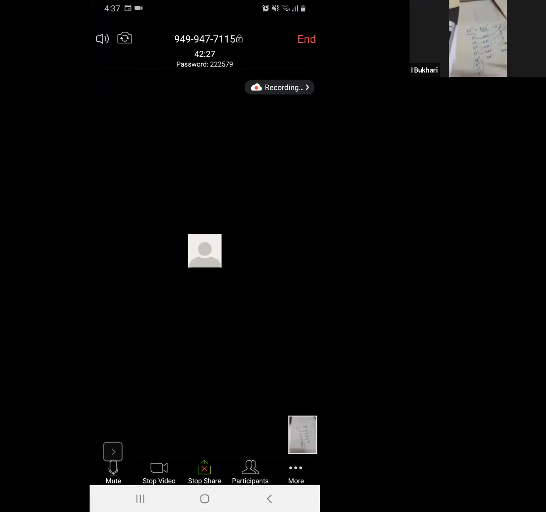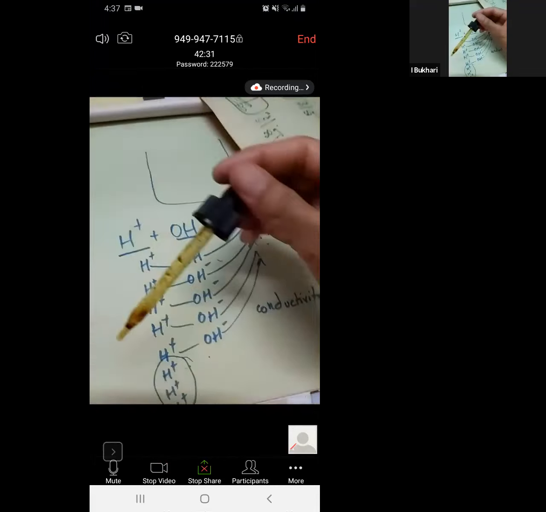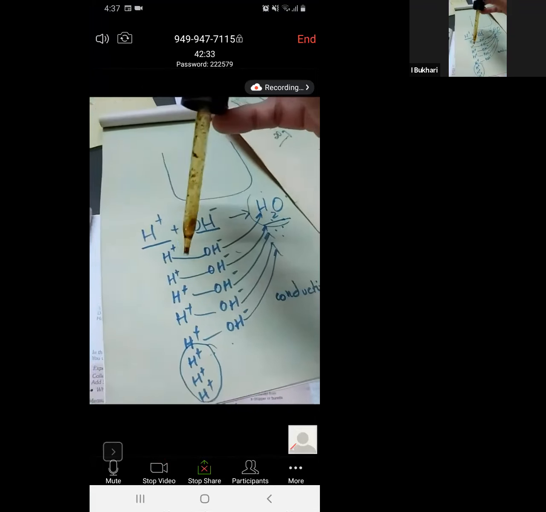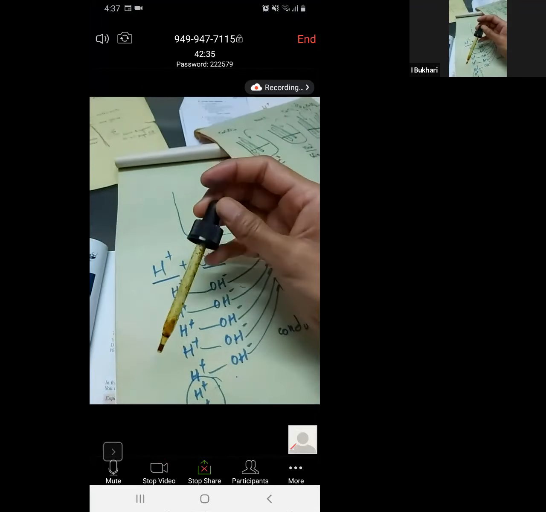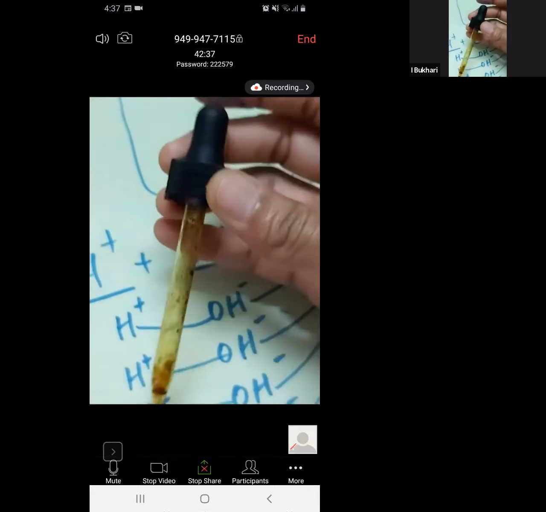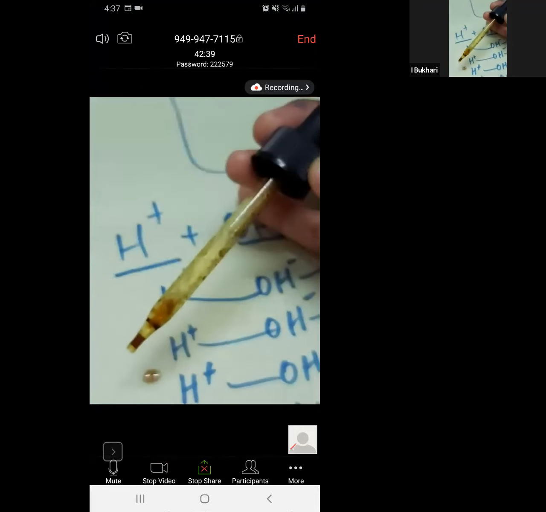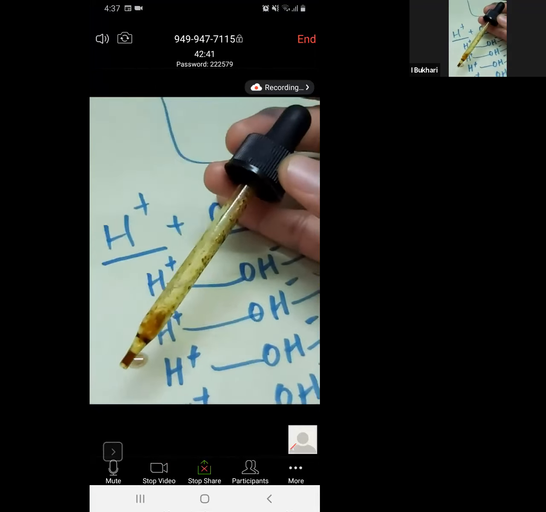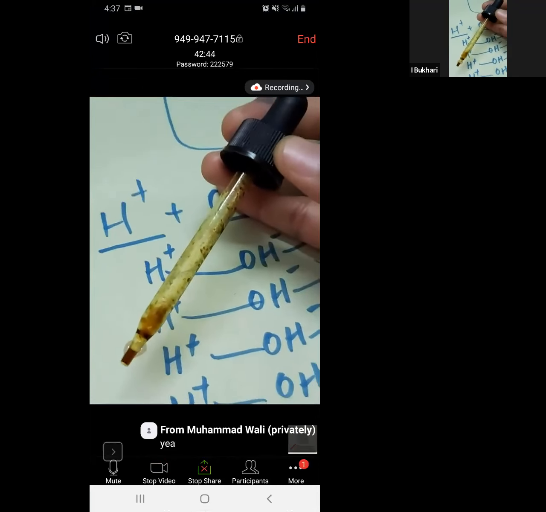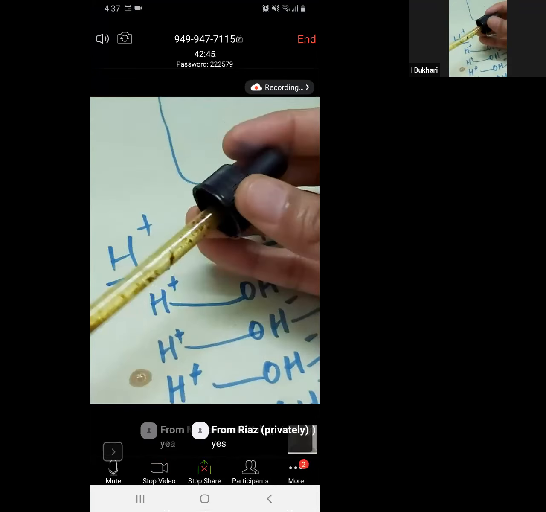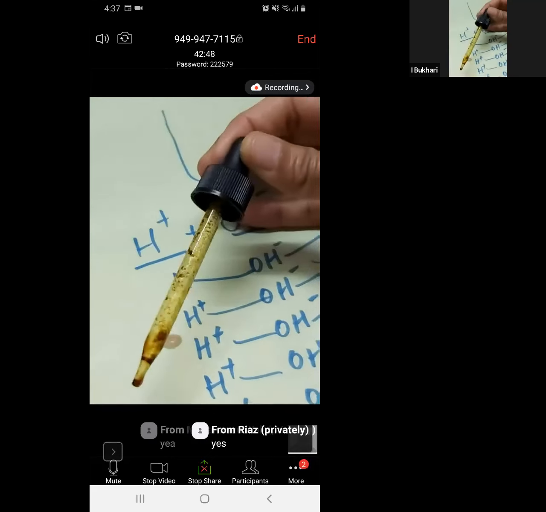Okay, this is a pipette. You must have seen it at the top of many medicines, especially the ones used for children. There is a rubber bung, I mean, this rubber thing.